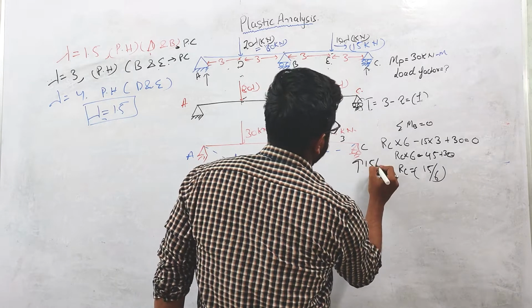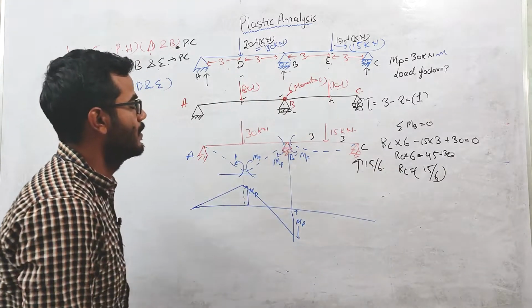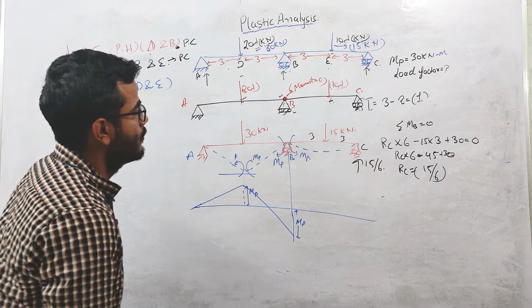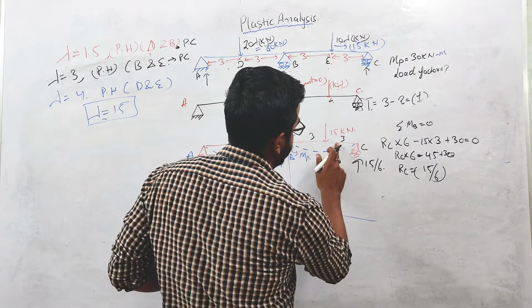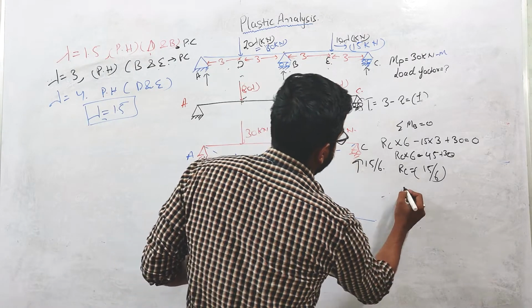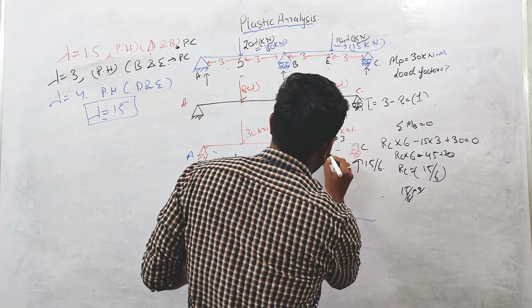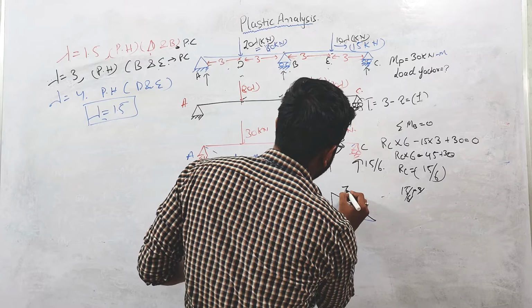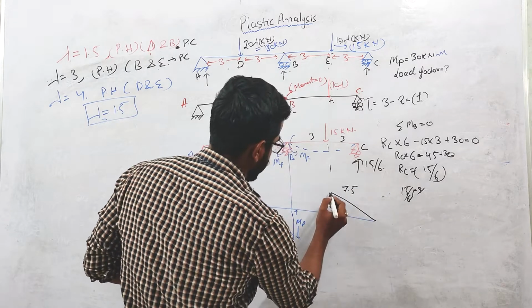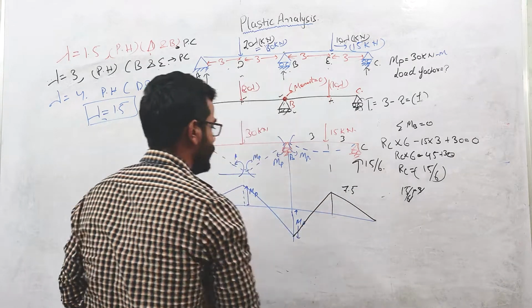This vertical reaction is 15 by 6. If you multiply 15 by 6 into 3, at this point the bending moment is 7.5, and again it will go like this.